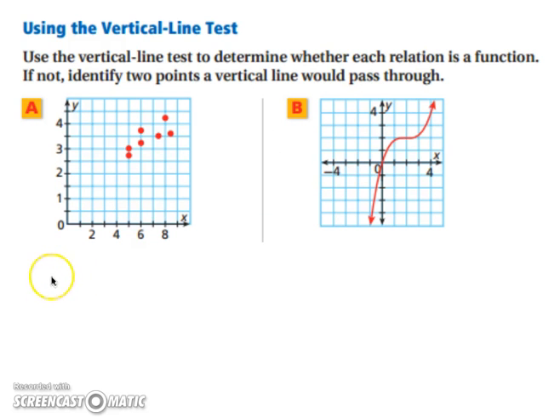Let's practice. Use the vertical line test to determine whether each relation is a function. If not, identify 2 points a vertical line would pass through.